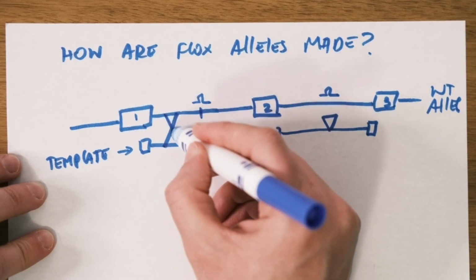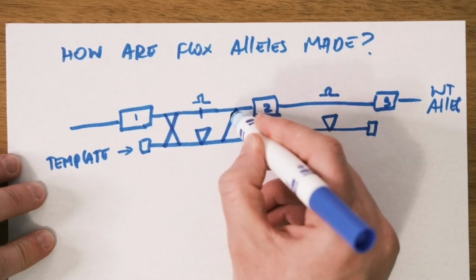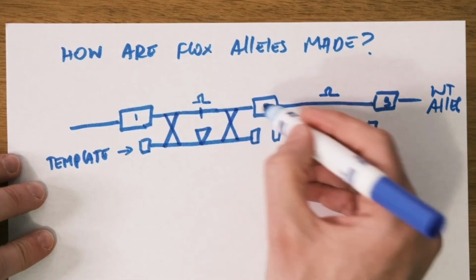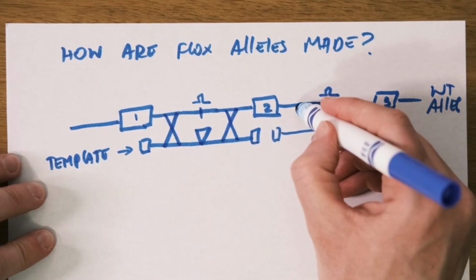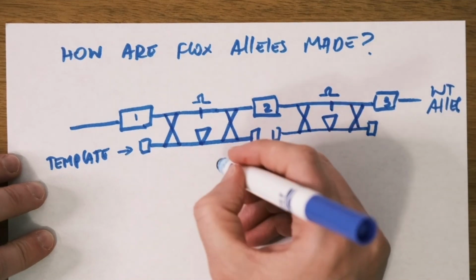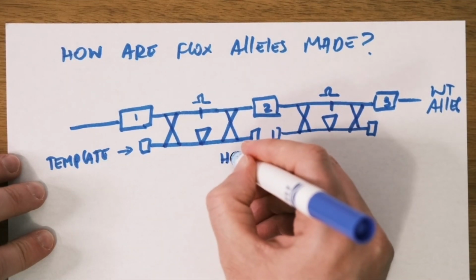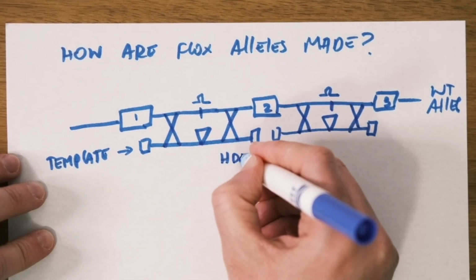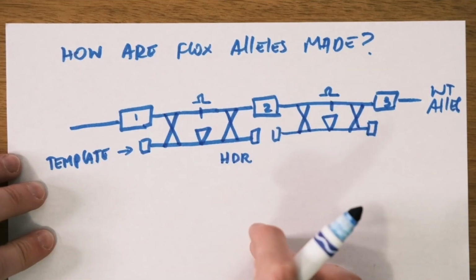So the DNA will come here, then go to the template, and then go back to the genomic DNA. And the same will happen on this other side after the cut. So this type of repair is called homology-directed repair, and that is what we want in this case.